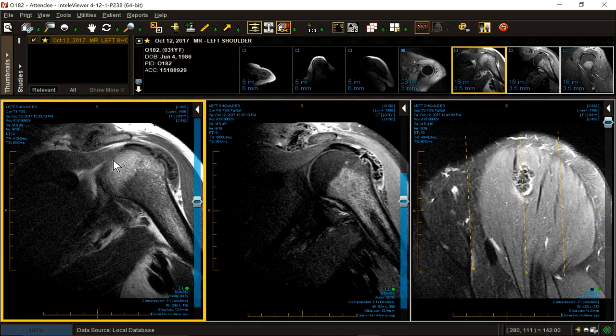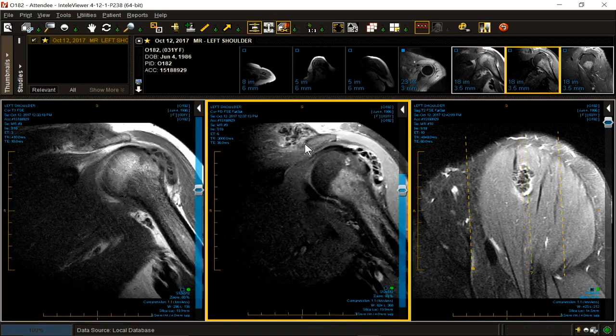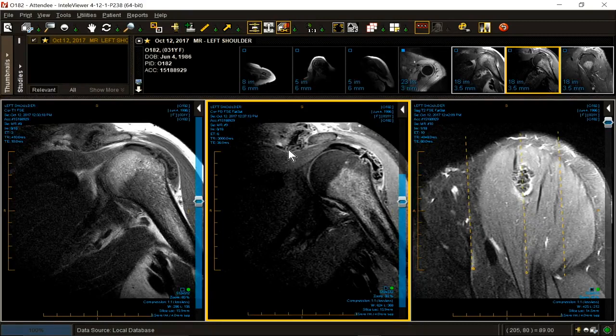Now, this is one of those times when the AC joint is relevant. It's massively swollen. It's got bizarre signal intensity inside it. It's compressing the muscular tissues underneath, so the medial arch is narrowed. There's medial arch stenosis.